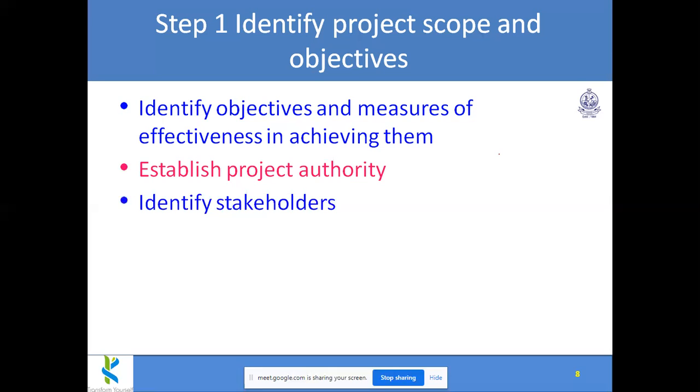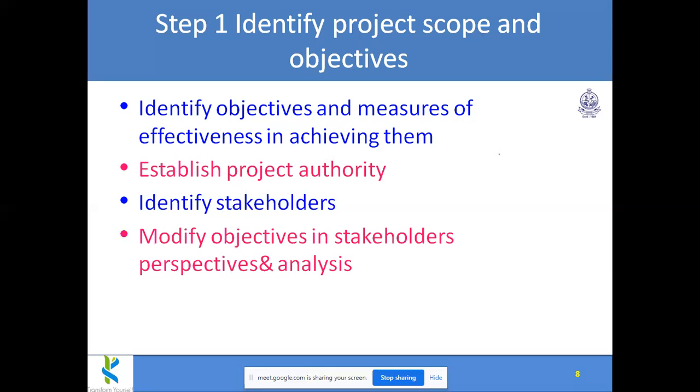Then we can identify all the 360-degree stakeholders, either directly or indirectly involved in or getting benefit out of this project, and we can get the stakeholders' perspective of the objective. In each of the stakeholders' perspectives, what they want to have can again be incorporated in the final objective.